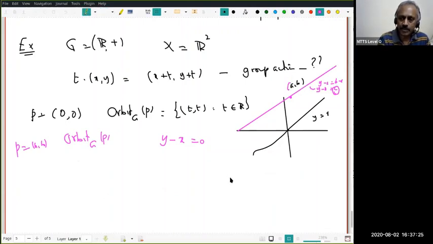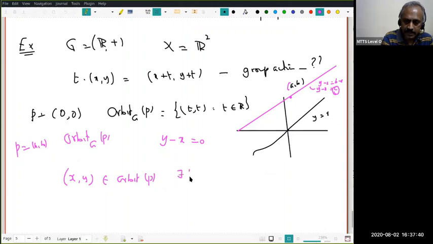Now what we want to do is rigorously prove it. Okay, how will I prove it? Let (x, y) belong to the orbit of p, right? Then what does it mean? There exists a t, a real number, so that t dot (a, b) must be equal to (x, y), right?